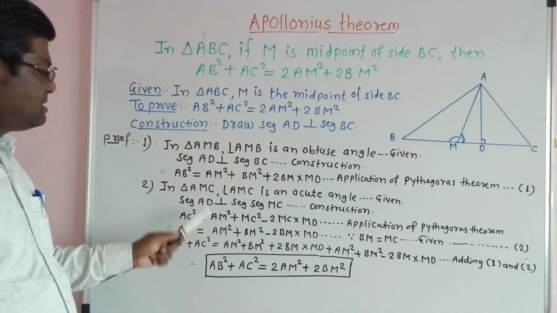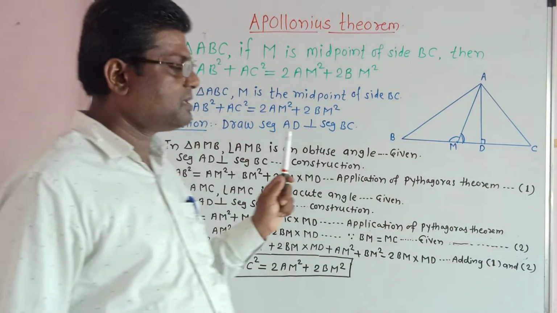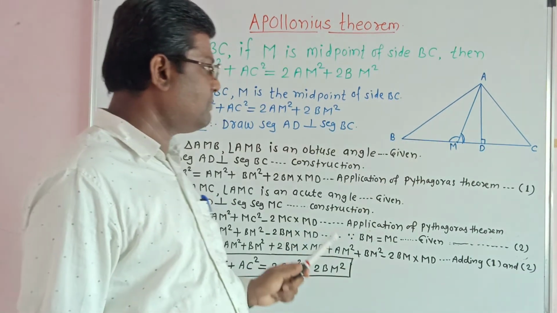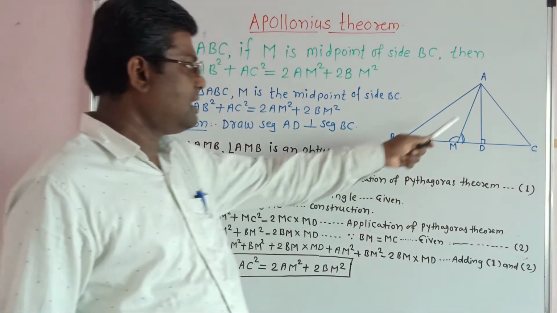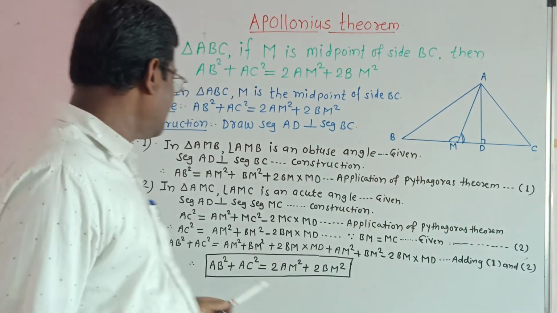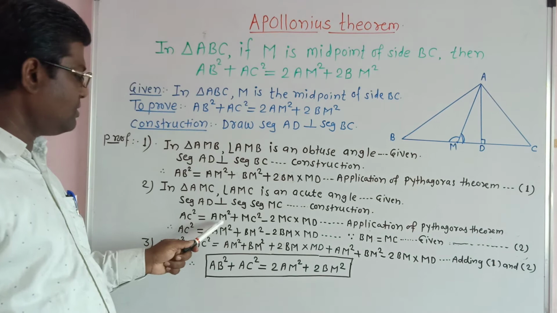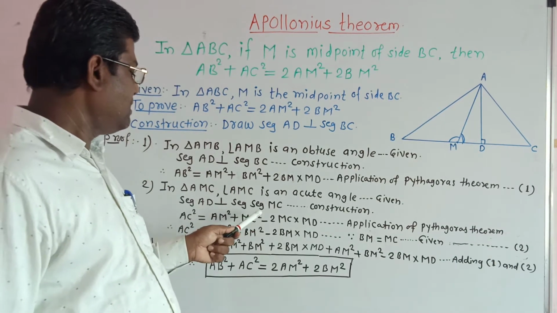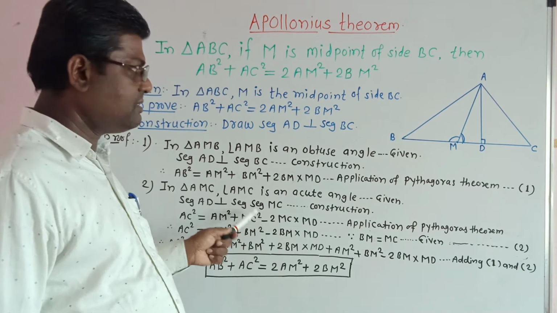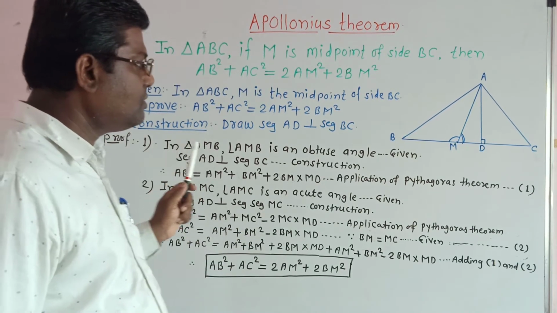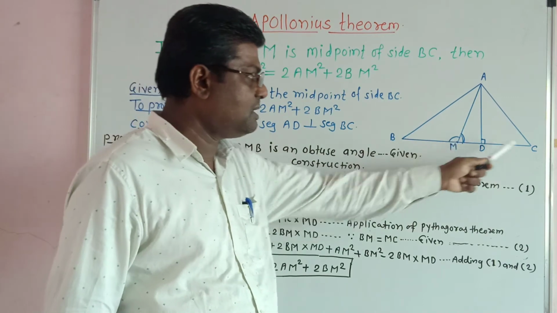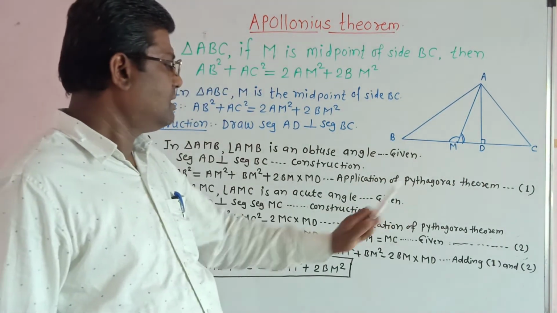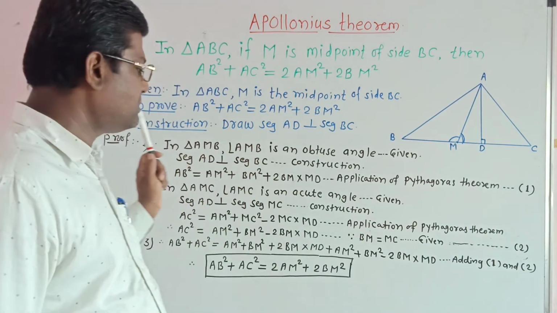Therefore AC square is equal to the sum of squares of the other two sides, that is AM square plus MC square. For an acute angle triangle, we take minus sign, so minus 2 into MC into MD. This is the application of Pythagoras theorem.